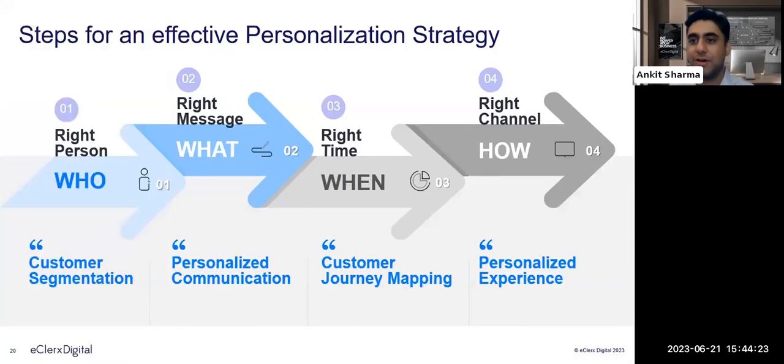And I'll just quickly go back to the definition as a wrap up, since we're almost at time. So, steps for an effective personalization strategy. First, know the right person, with the right message at the right time through the right channel. So as a company or as a team, figure out your customer segmentation, who you want to target, and what degree of personalization you want in your message.